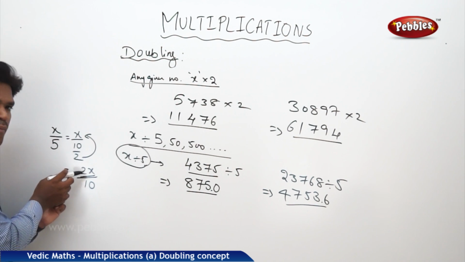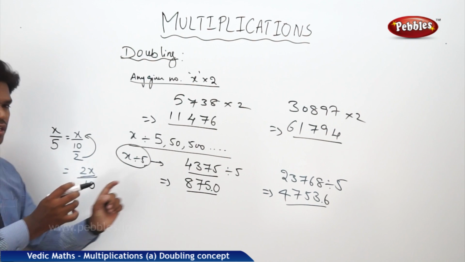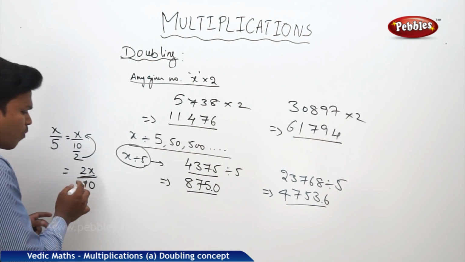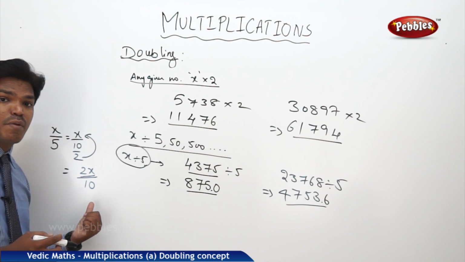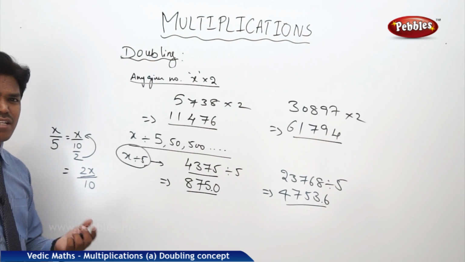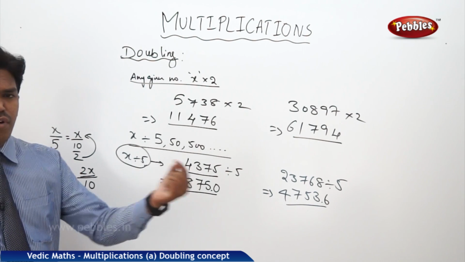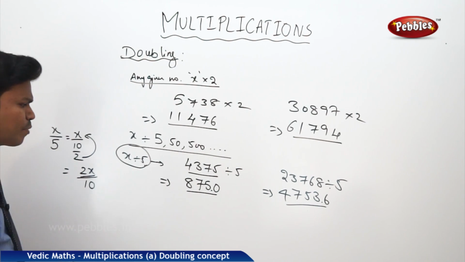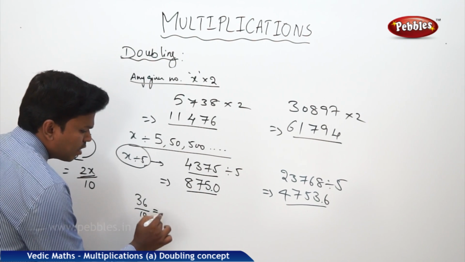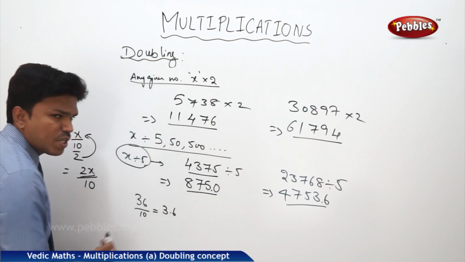Here what I am doing, I am multiplying a number by 2. That is nothing but doubling only. After multiplying a number by 2, I am dividing the number by 10. Dividing the number by 10 is nothing but simply putting a decimal point after one digit from right. Yes or no? For example, I want to divide 36 by 10. Is my answer 3.6 or not?